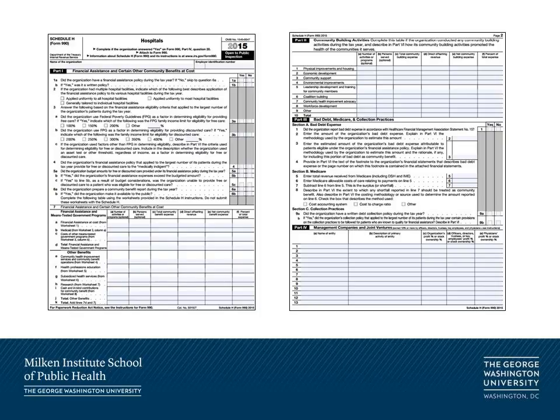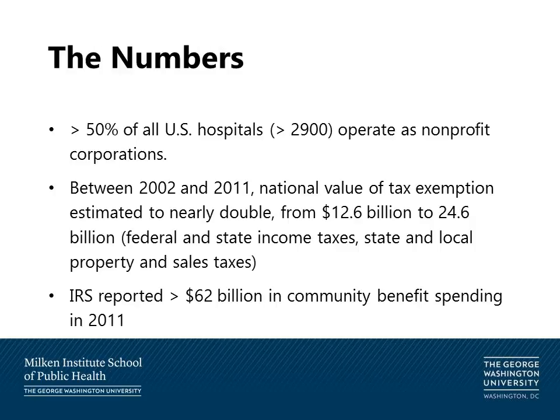Next slide, please. Just to give you a flavor for, and Trish mentioned this in terms of the $62 billion number, but just so that, again, we're all on the same page, greater than half of all U.S. hospitals operate as nonprofit corporations, so there are a lot of them. Between 2002 and 2011, the national value of tax exemption is estimated to have nearly doubled from $12.6 billion to $24.6 billion.